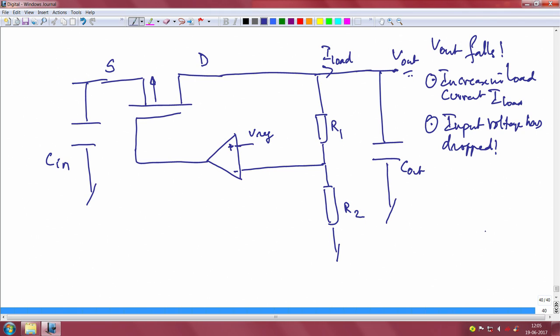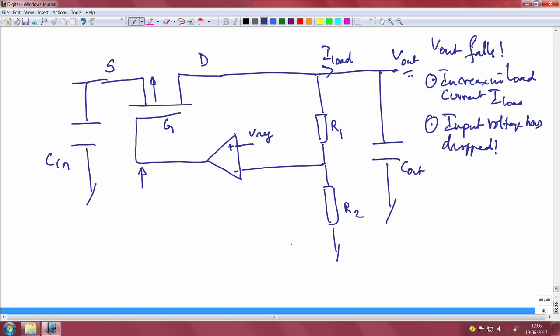Now the way you essentially take care of it is you bring down or increase the gate voltage. This is the gate, essentially that is what you will have to do.